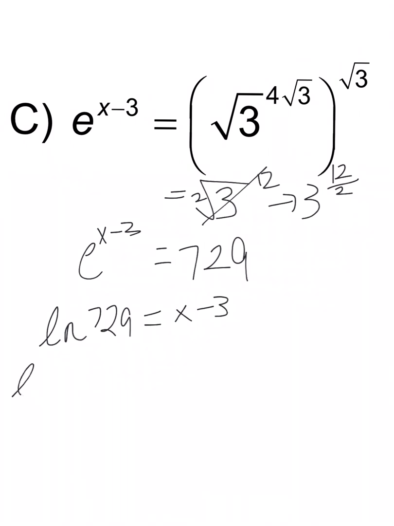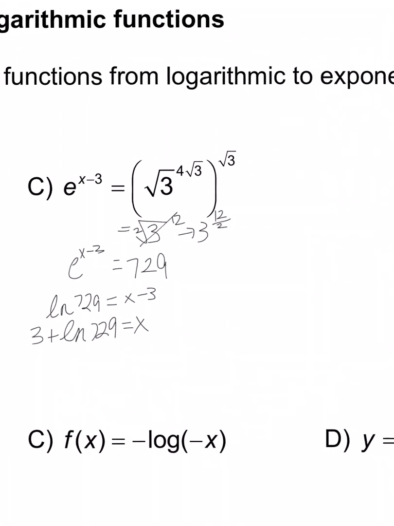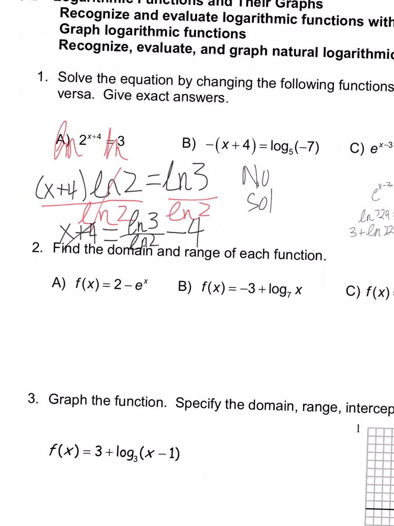I think it's preferable to write the constant in front, so it doesn't look like part of your solution: 3 plus natural log of 729, where the 729 is all in the argument. If we natural log both sides, we get literally the exact same thing.